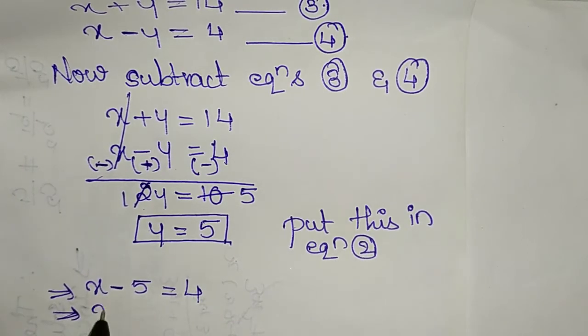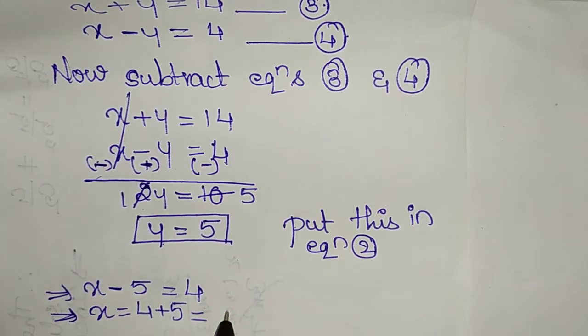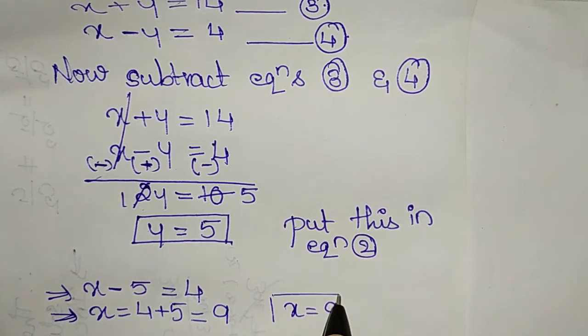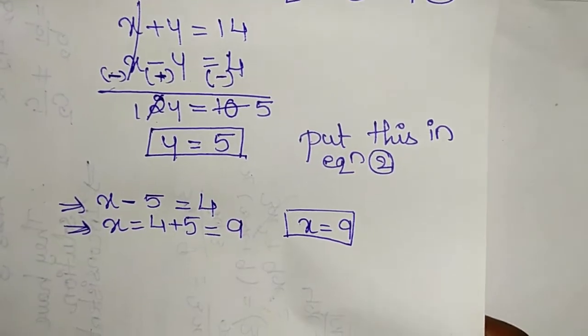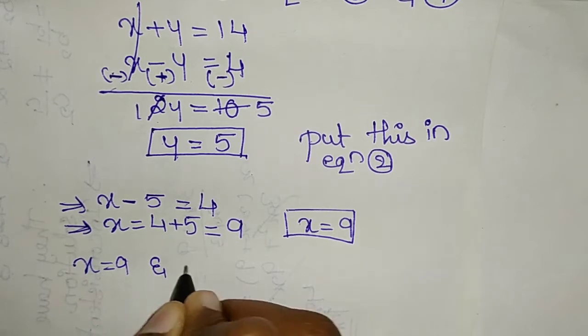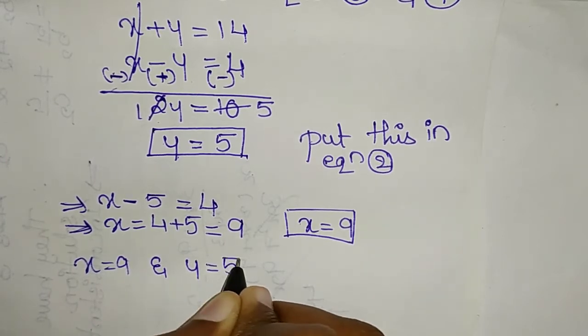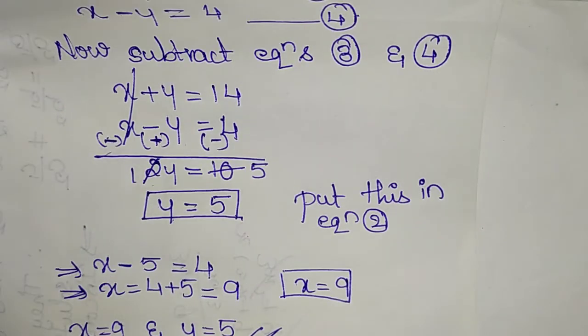This implies x is equal to 4 plus 5, which is equal to 9. So x is equal to 9. Therefore the required solution to our equation was x is equal to 9 and y is equal to 5. So this is elimination method here.